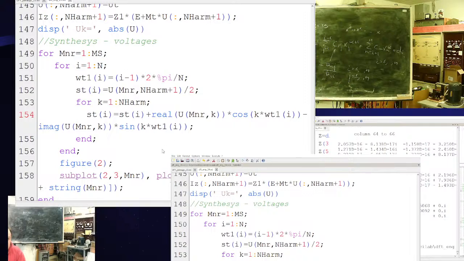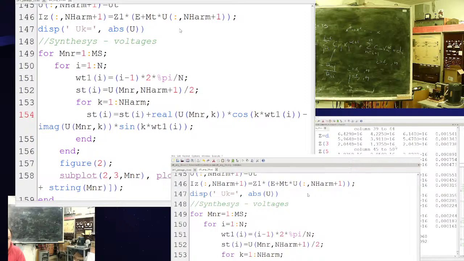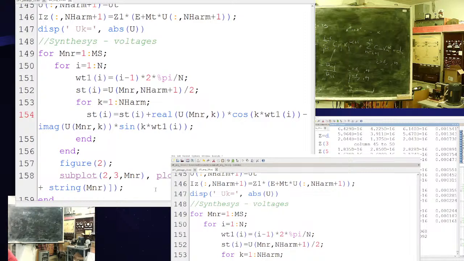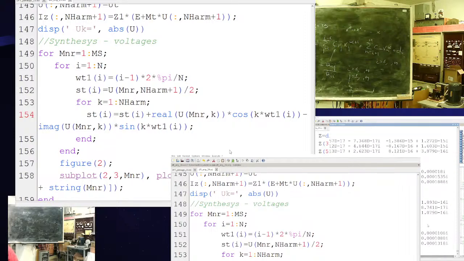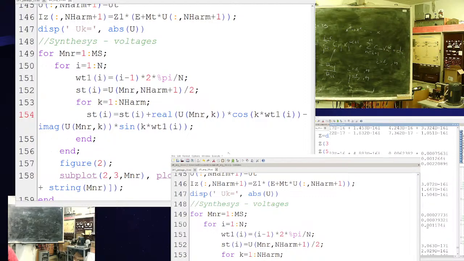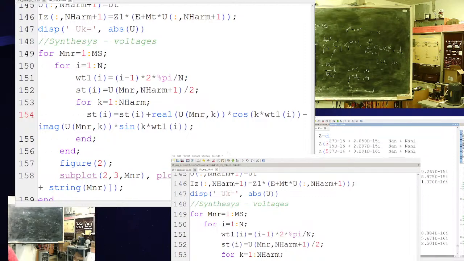There will be no current. Voltages starting.